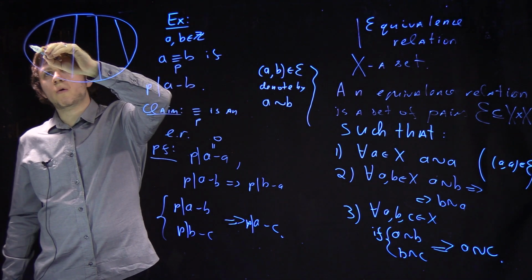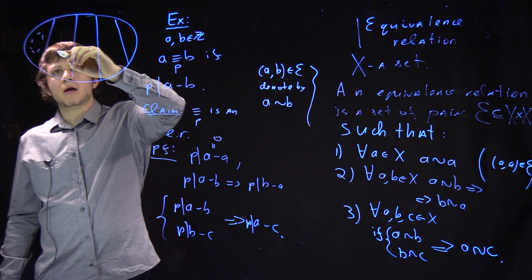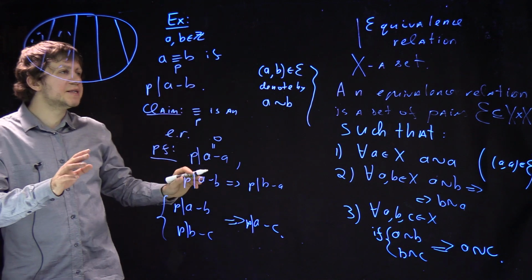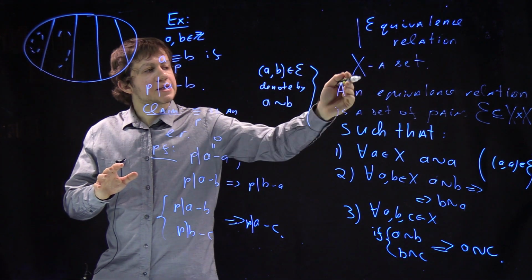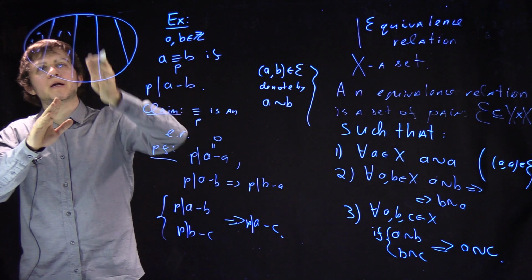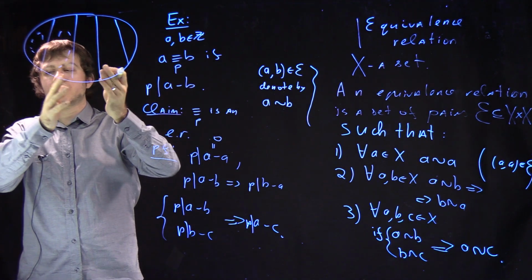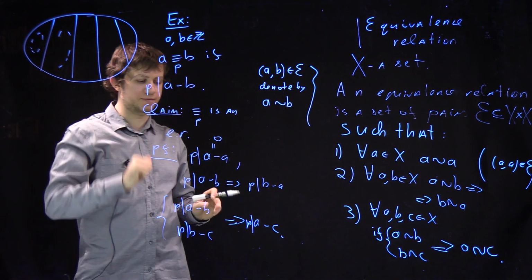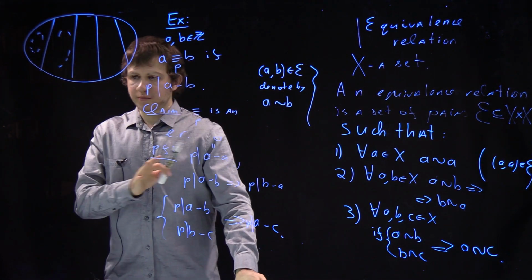These are all elements equivalent to each other, and these are all elements equivalent to each other, and so on and so forth. Basically what an equivalence relation does is take your set and cut it into a bunch of different subsets, which don't intersect and cover the whole set. This is a little property which I will state right now.